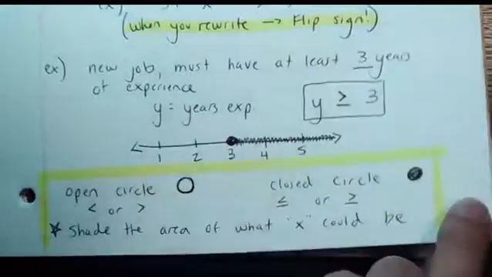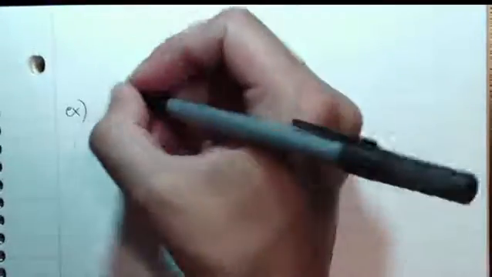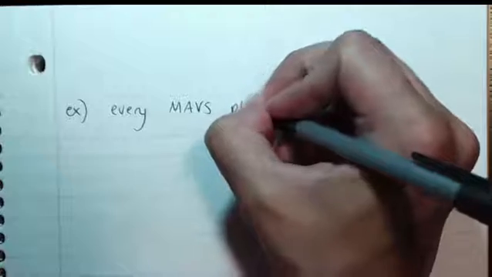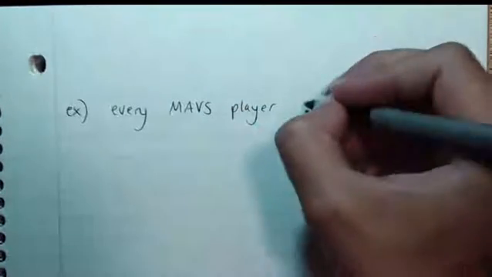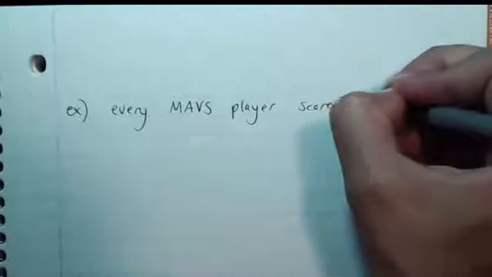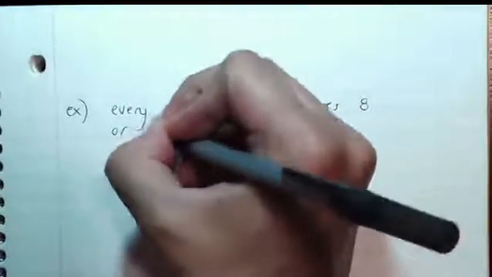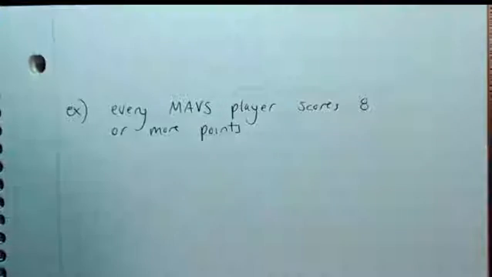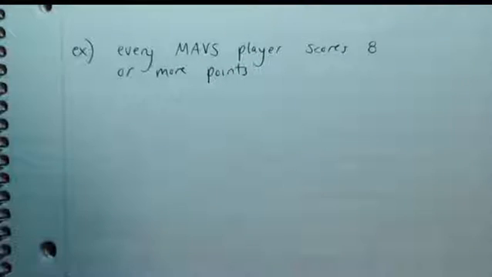Let's try another one. Let's try this. Let's say every Mavs player scores 8 or more points in a game, which means we're going to be winning if every Mavs player scores 8 or more points.